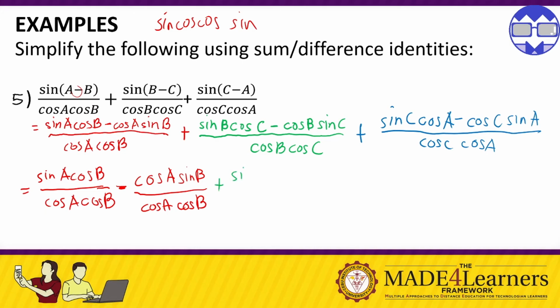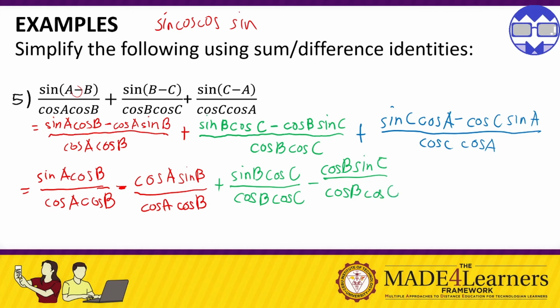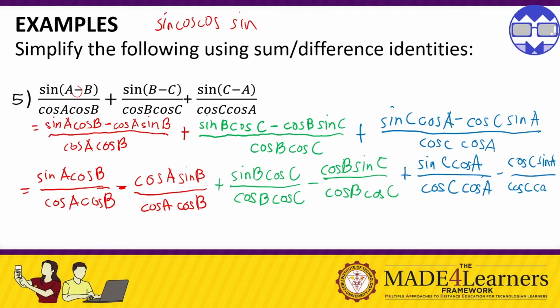So plus sine B cos C all over cos B cos C minus cos B sine C all over cos B cos C. Then the blue one, plus sine C cos A all over cos C cos A minus cos C sine A all over cos C cos A.